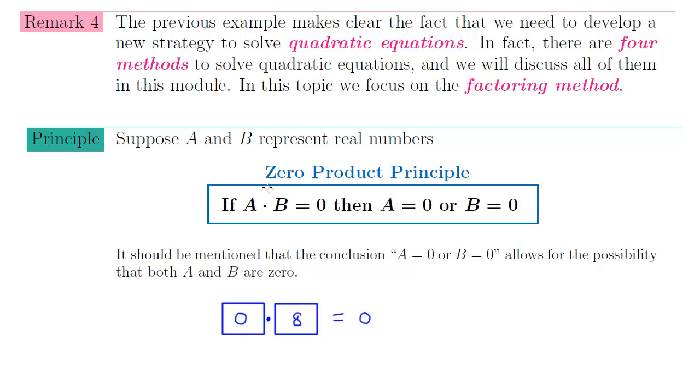That's the idea behind the zero product principle. When you have a product, and I will stress, a product of 2 objects, in order for that product to equal 0, then either the first one is 0, or the second one is 0, or they're both 0. Otherwise, the product would not equal 0.